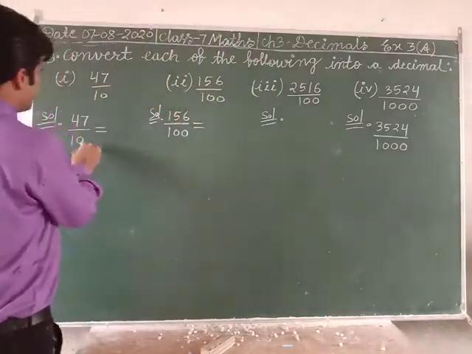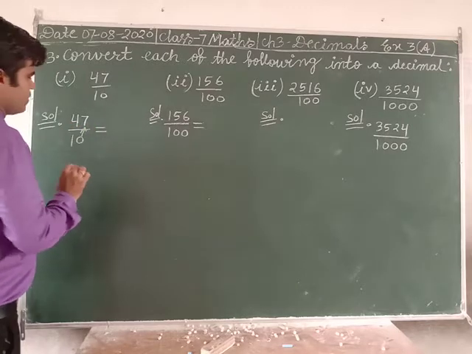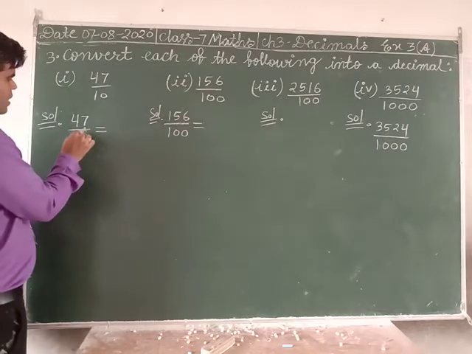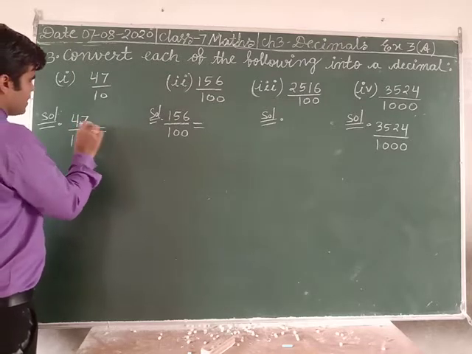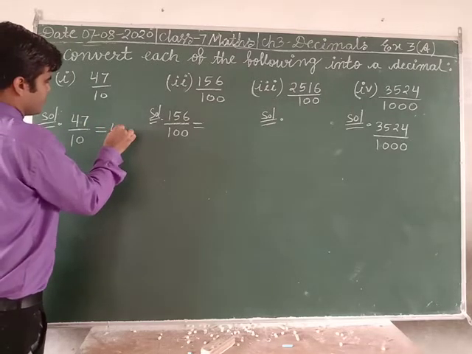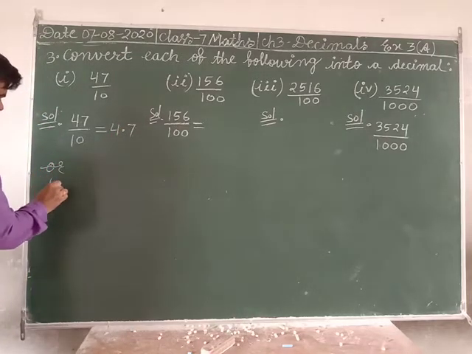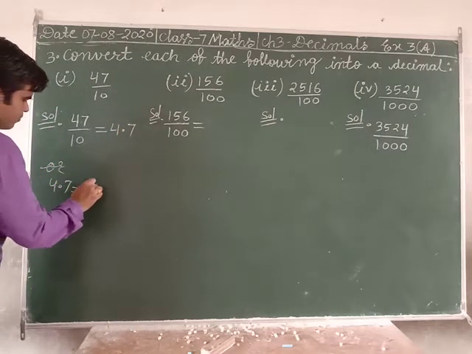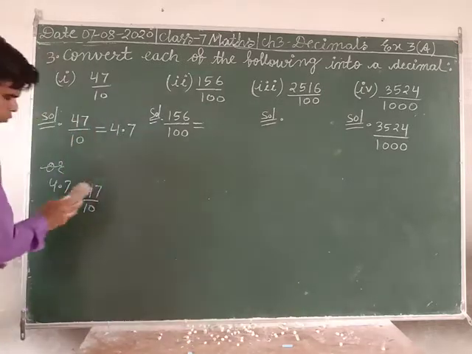See here is a 1 0. So with 1 zero, after 1 digit we put the decimal. So students, we write it as 4.7. Or see, if we convert 4.7, then it becomes 47 upon 10. Means this is the opposite, reverse method.